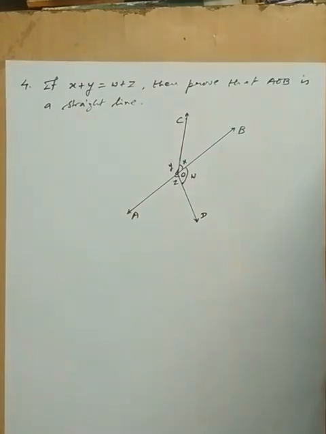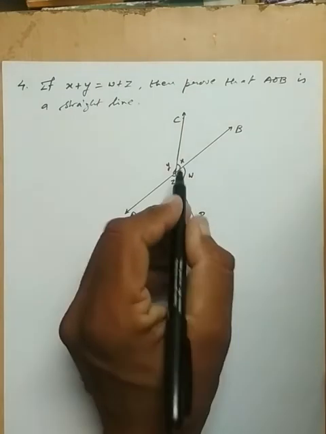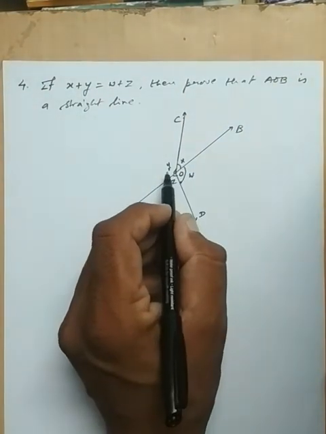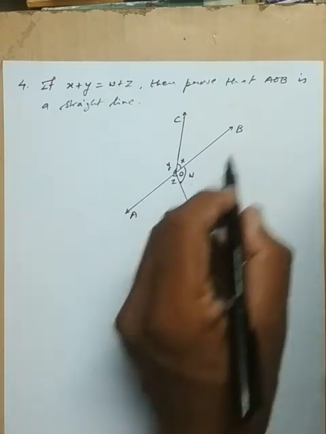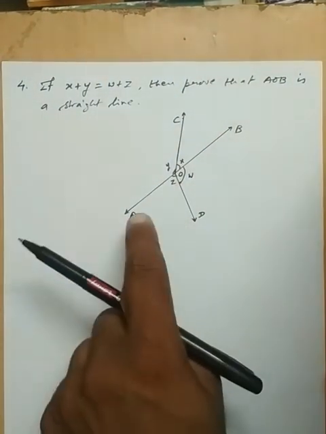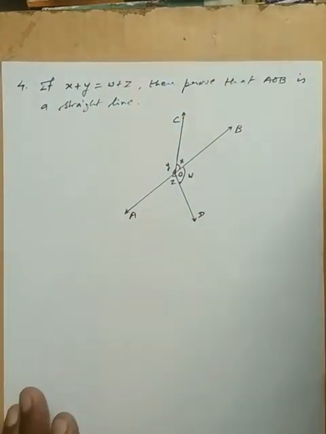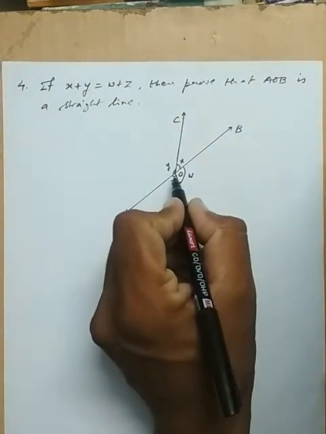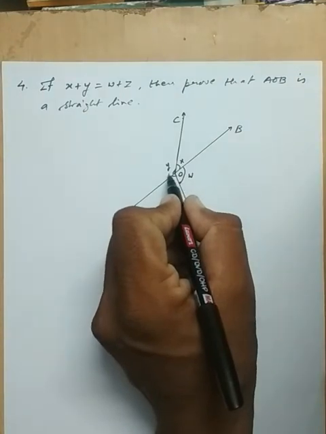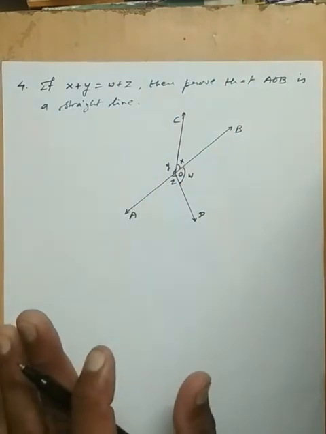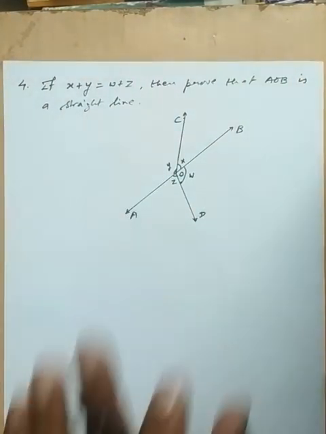Our next question is: if x plus y equals w plus z, where x, y, z and w are 4 angles, prove that AOB is a line. So we should prove a straight line, and for proving a straight line, we use that the sum of all angles at a point on a line is 180 degrees, that is the linear pair, and then we can prove it is a straight line.